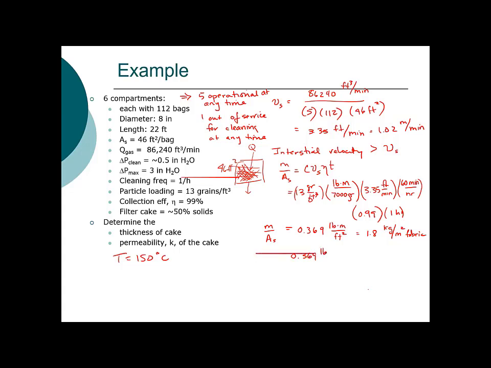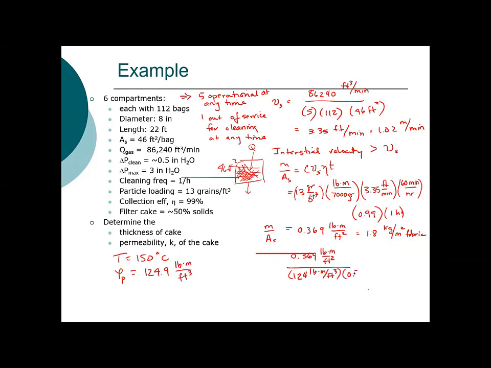We divide 0.369 pound mass per square foot by the density, and the density of the particle is equal to 124.9 pound mass per foot cubed.